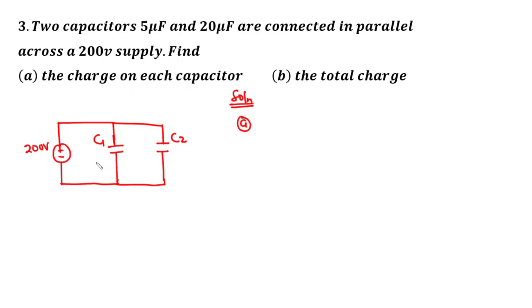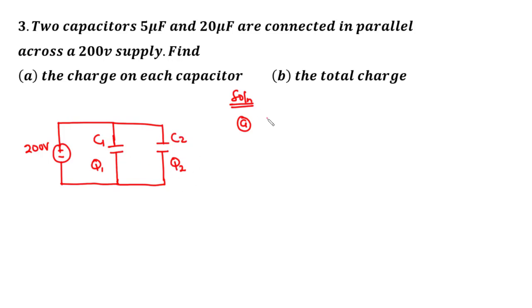So let the charge on C1 be Q1 and the charge on C2 be Q2. Now for capacitors in parallel, the charge on each capacitor may be different. We also know that for capacitors in parallel, we have the same source voltage applied across each of them. So the voltage across C1 is the same voltage across C2.